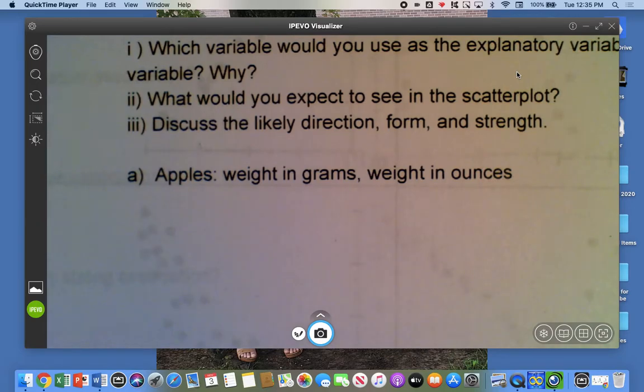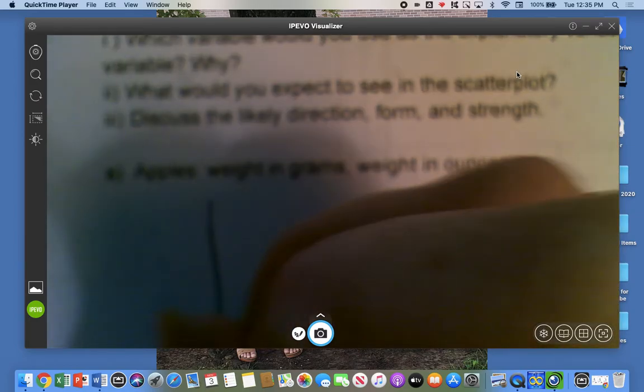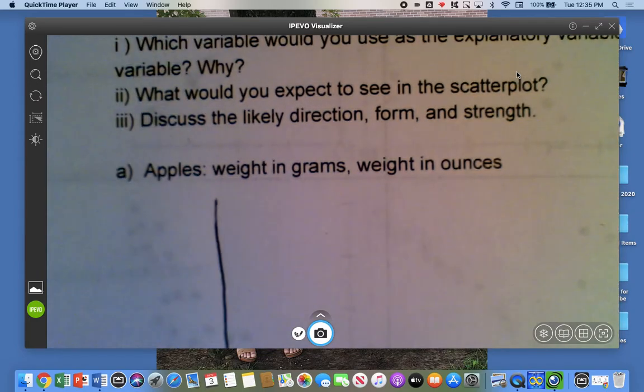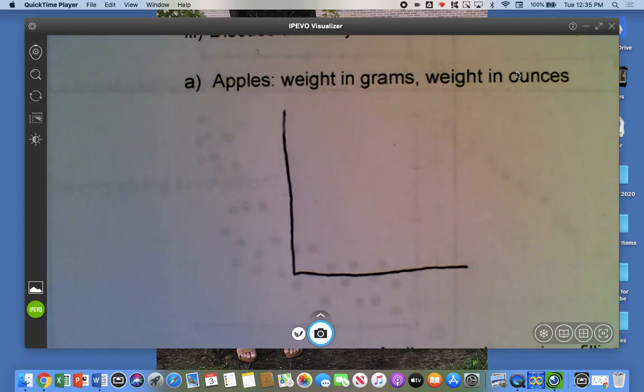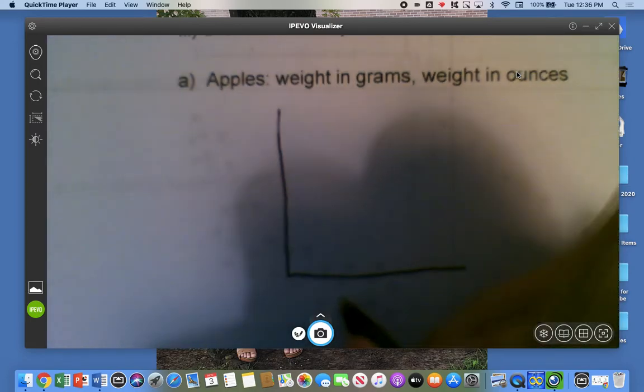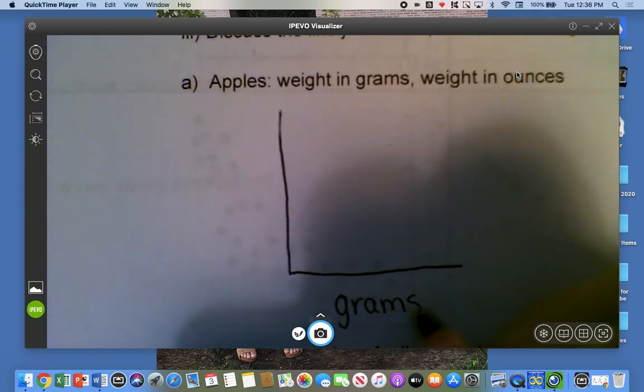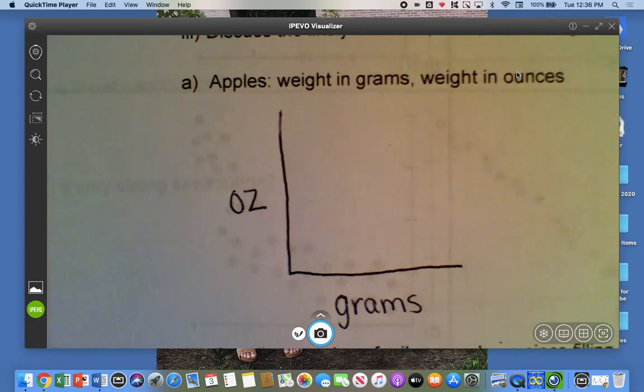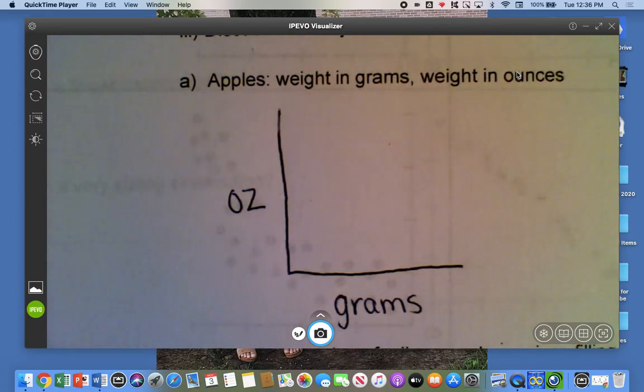First of all, we would never have a negative weight measurement, correct? That's why we can set up a scatter plot with just positive x and y axis. I'm just going to put weight in grams down here and weight in ounces on my y axis. If you had those flip-flopped, it's going to look the exact same way.